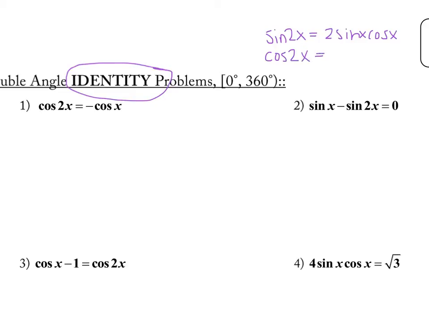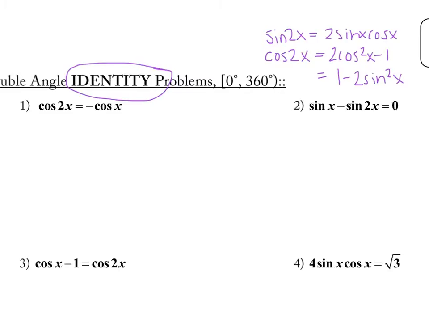Okay, we're primarily just going to use two of them. So the first one is 2 cosine squared x minus 1. And the other one is 1 minus 2 sine squared x. Okay. So we're going to use our double angle identity problems to substitute and go from there.